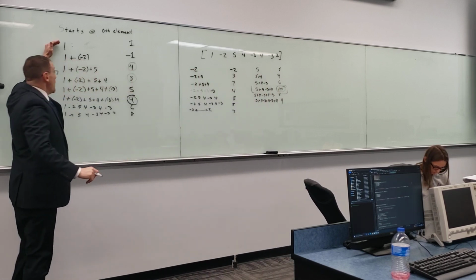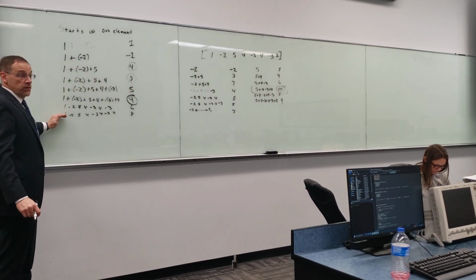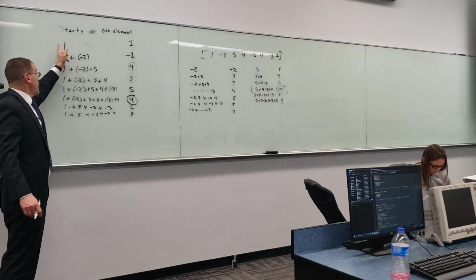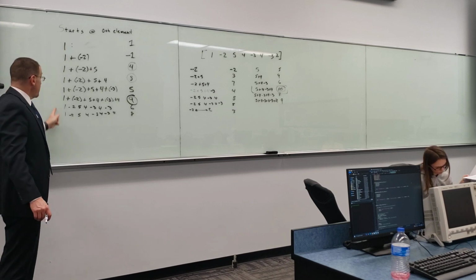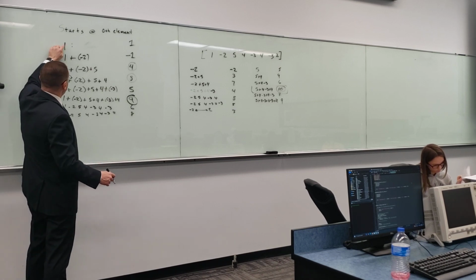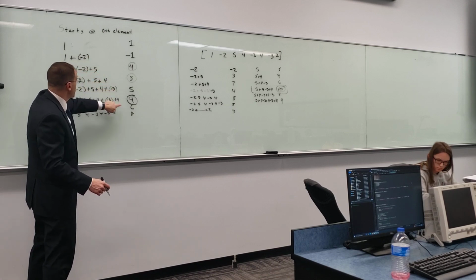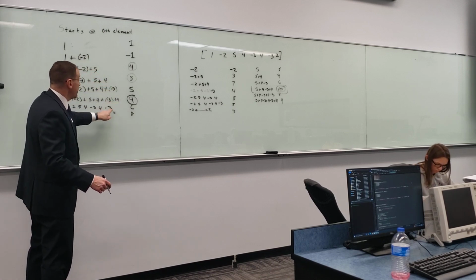Well, within the inner for loop, it starts at the element, and then it goes up to 2, then it goes up to -2, then it goes up to 5, then up to 4, then up to 3, then up to 4 again, -3.